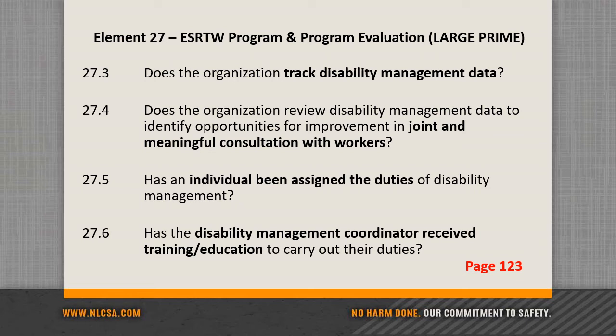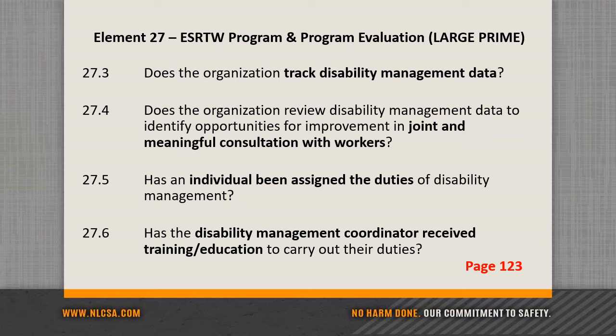So the new guideline 27.3, does the organisation track disability management data? You can review the statistical records and confirm that the company tracks the actual data related to the Early Safe Return to Work programme. Some examples of disability management data include lost time days, modified or alternative work days, delays in injury reporting, that sort of thing.